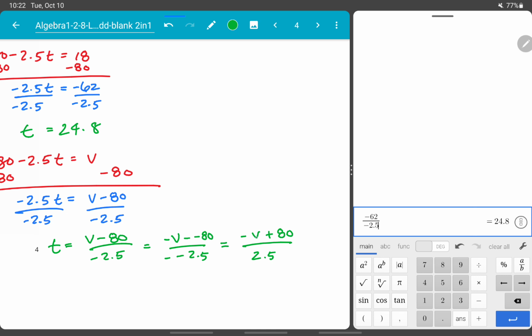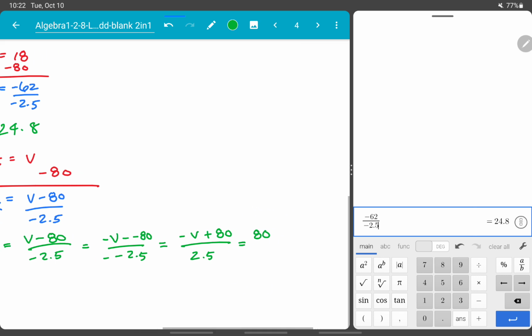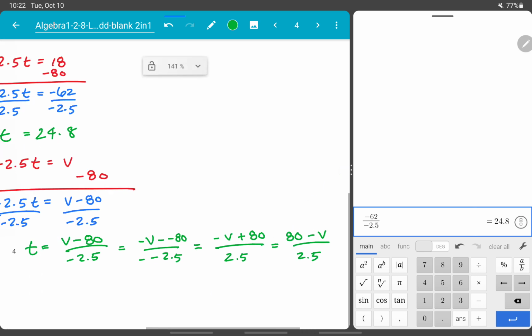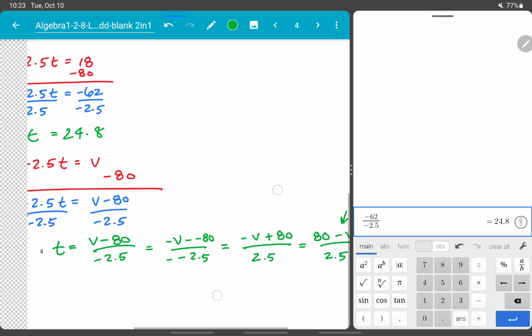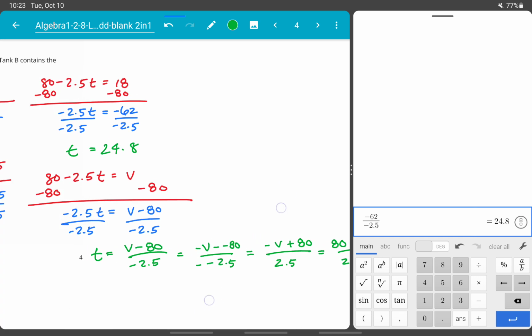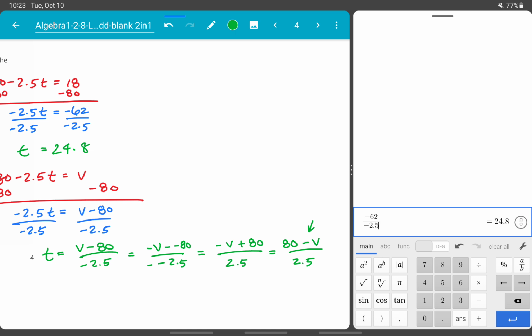And we can put the negative V after the 80 to get 80 minus V over 2.5. Now, why would we go through all of that trouble? It's just because instead of having two subtraction signs, we could have just one. So even though this is nice because the variable's in the front, this one is also nice because it only has one subtraction sign instead of two. So there are some pros and cons to either version. But this would be a good answer.